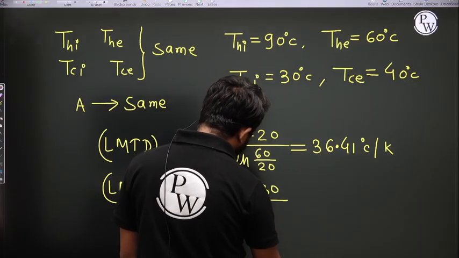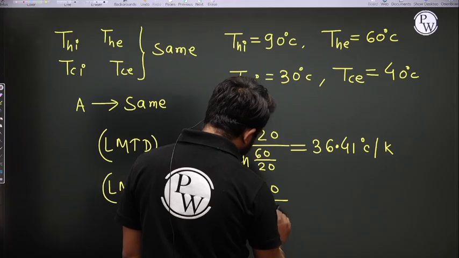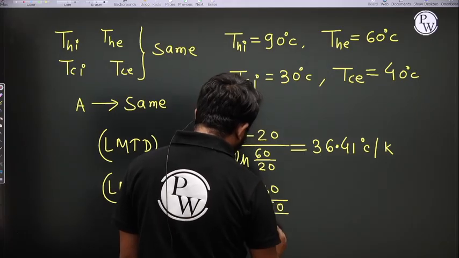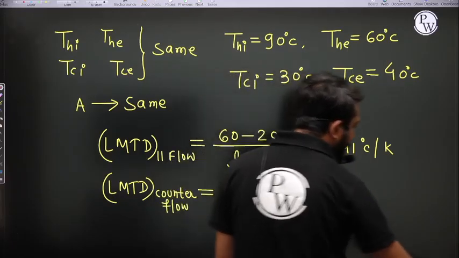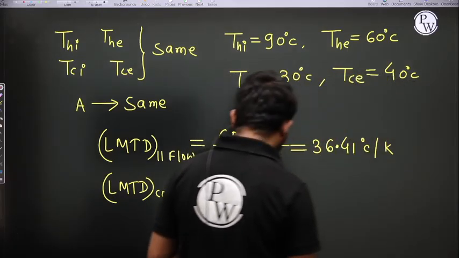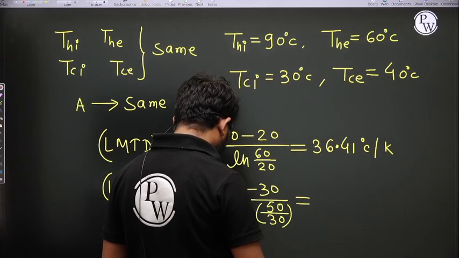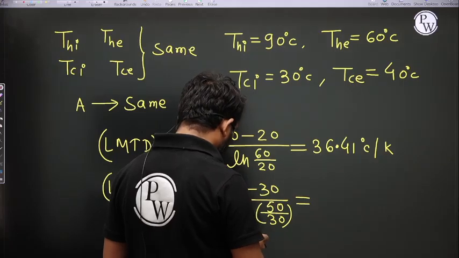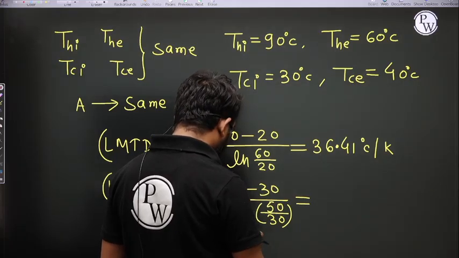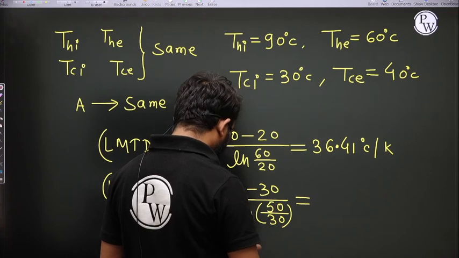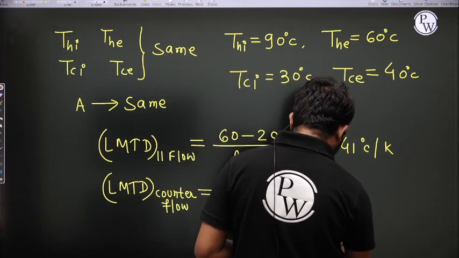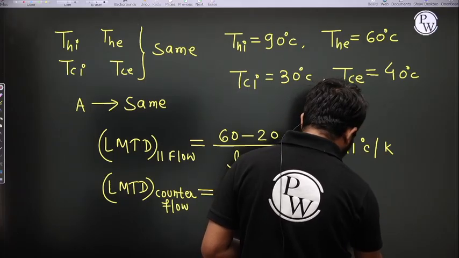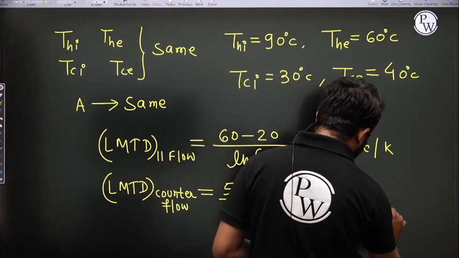Divided by natural log 50 by 30, so 50 minus 30 over natural log 50 by 30, and this comes to 39.15 degrees Celsius or Kelvin.